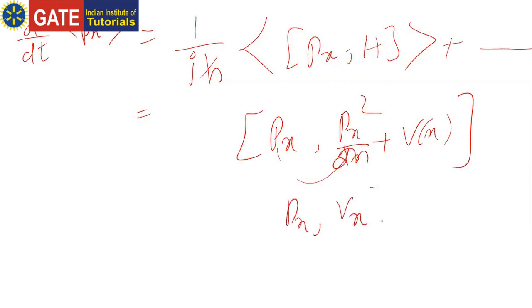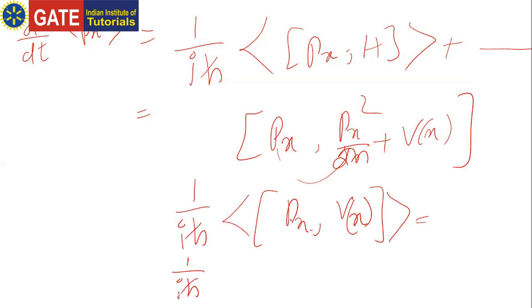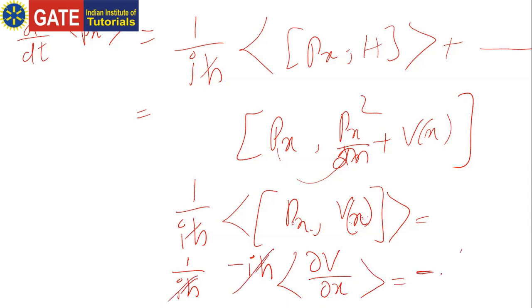Px comma v of x. 1 by ih cross px comma v of x, v of x is a function of x. Px comma x gives minus ih cross derivative of v of x, dou v by dou x. ih cross cancels, minus dou v by dou x.